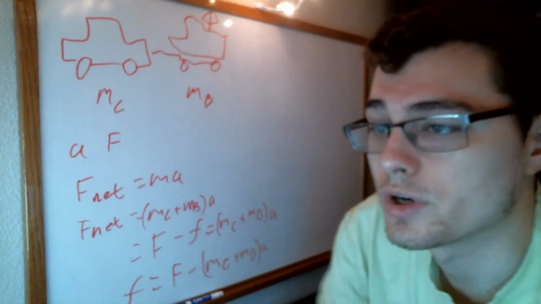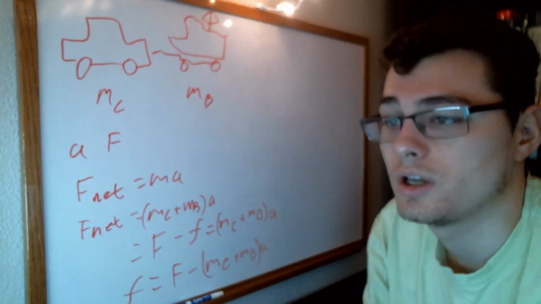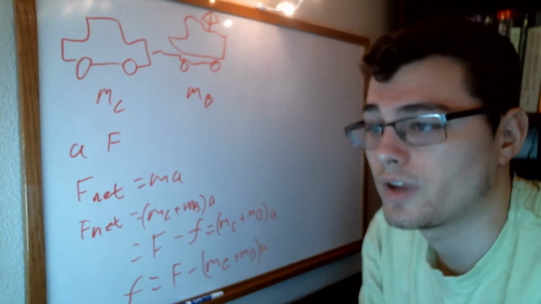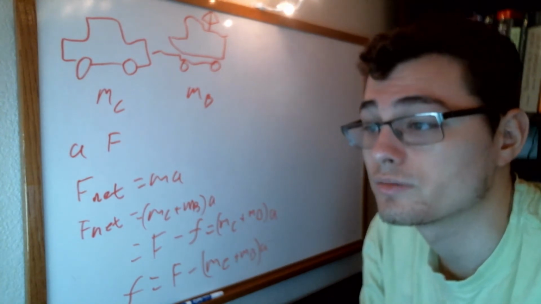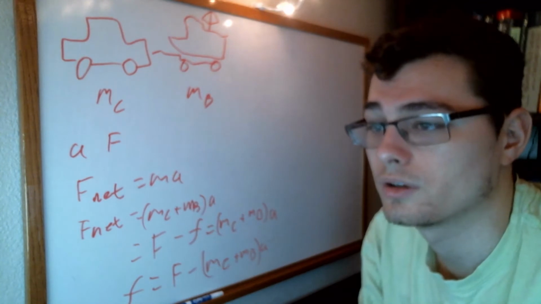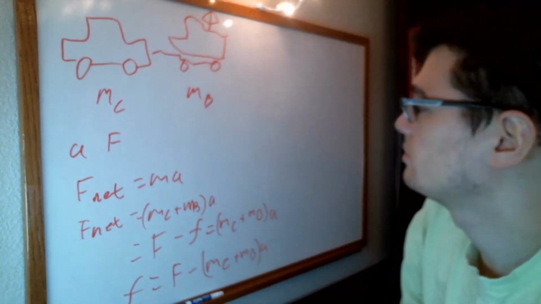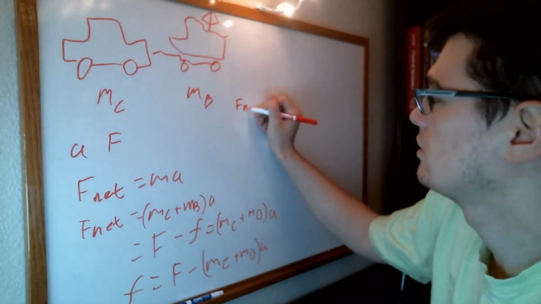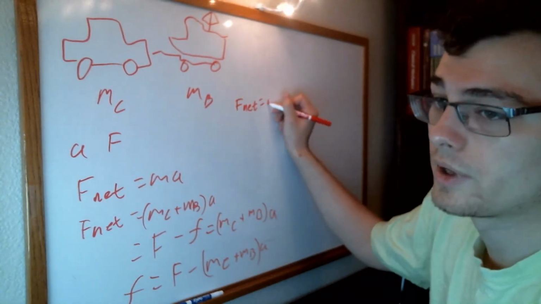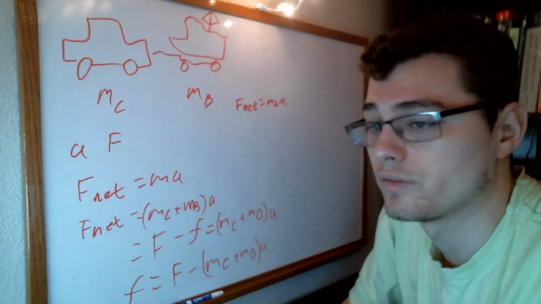And so now part B asks, what is the force in the hitch between the car and the trailer if 80% of the resisting forces are experienced by the boat and the trailer. Okay, so next up we know that F net is still equal to M2A because we're looking at it from a different point of view.